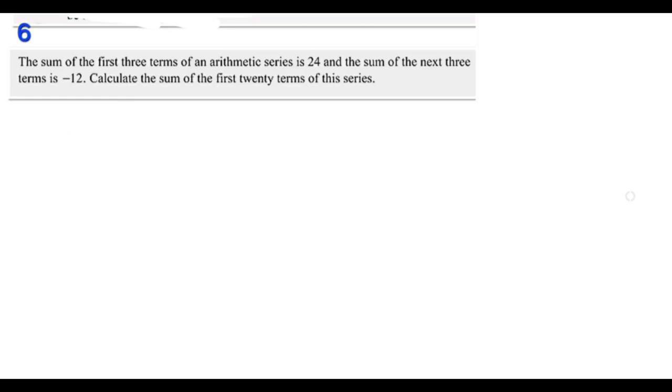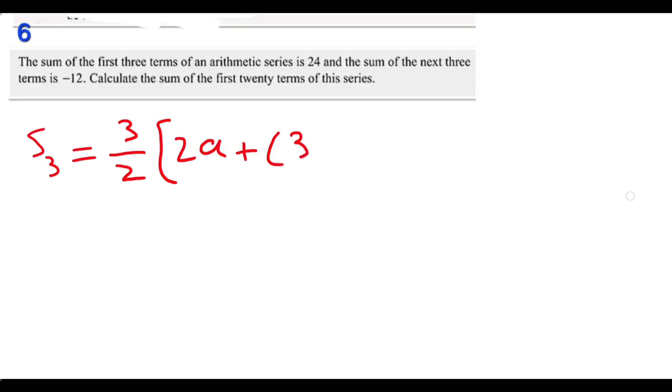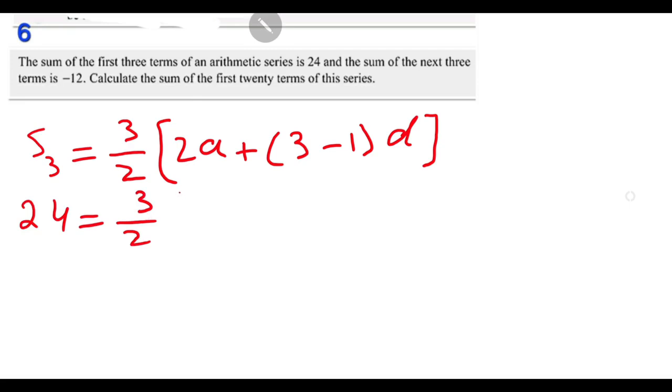So I'm going to use the sum of the first n terms formula. S3 is equal to 3 over 2 big bracket 2a plus parentheses 3 minus 1 d big bracket close, and this is equal to 24. Further simplify: 3 over 2 big bracket 2a plus 2d big bracket close.